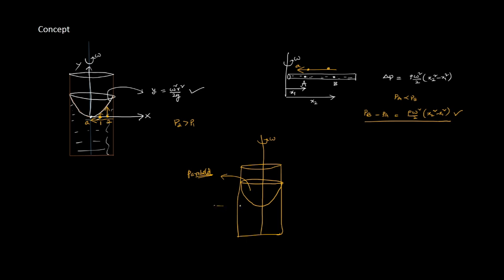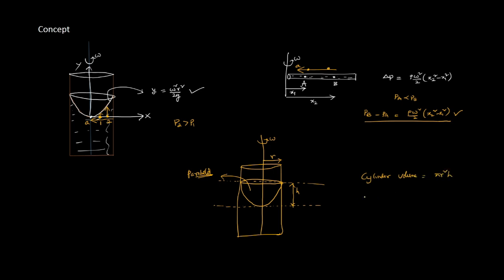To calculate the volume of the paraboloid, take the volume of the cylinder in which the paraboloid is present. Let us say the paraboloid height is small h and the radius of the cylinder is r. Then the entire cylinder volume is pi r square h.